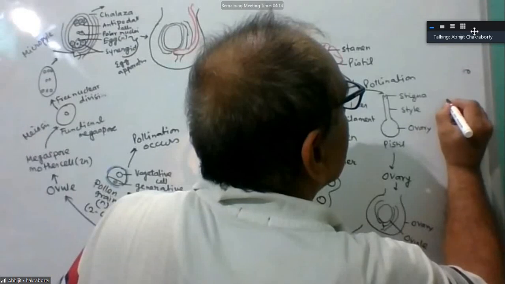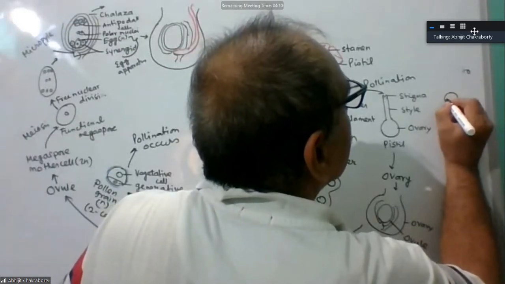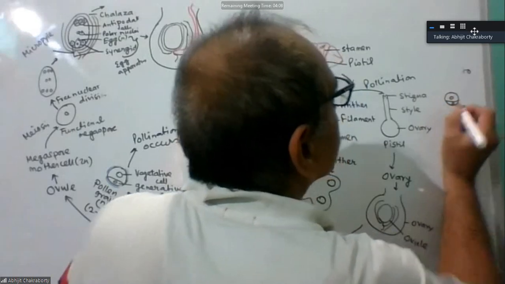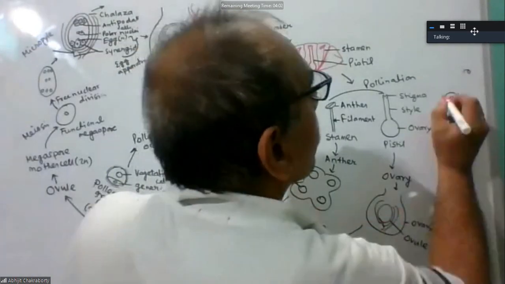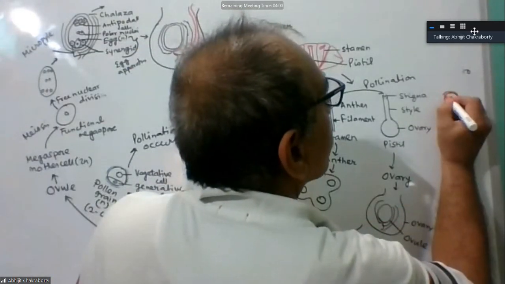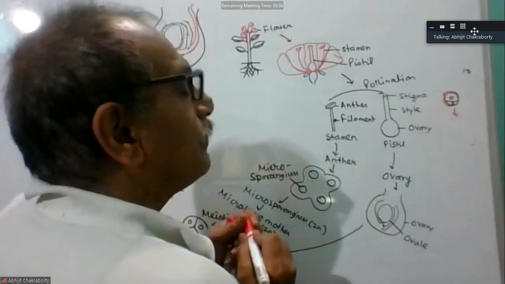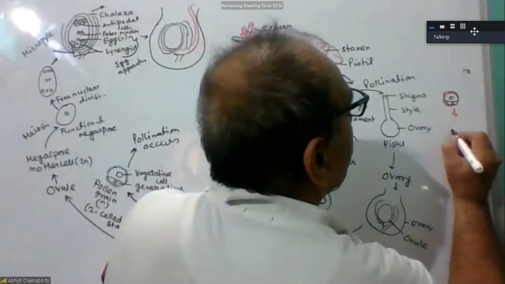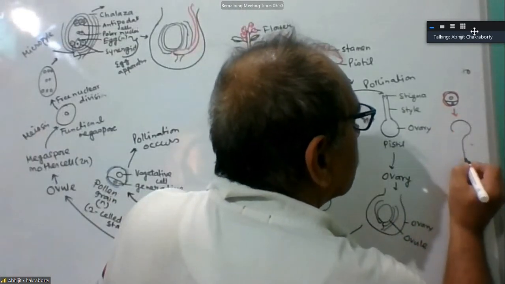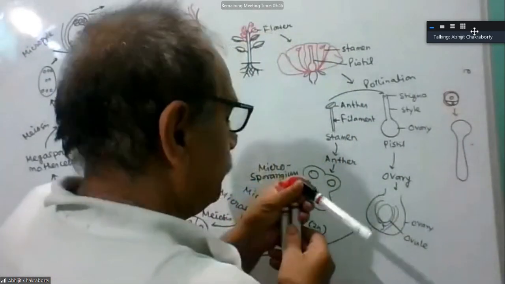After reaching the stigma, it's a pollen grain having two cells. Like this. It absorbs stigmatic fluid and becomes swollen, and its inner wall comes out in the form of the pollen tube.